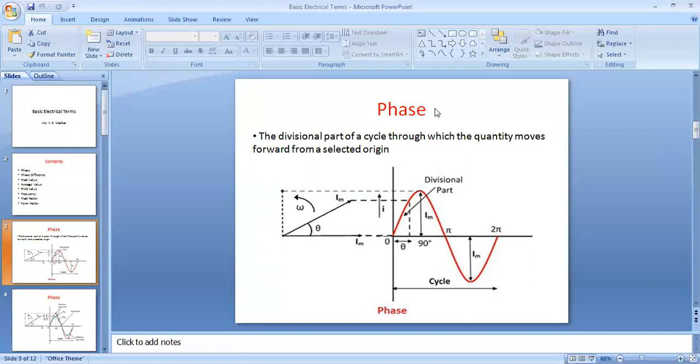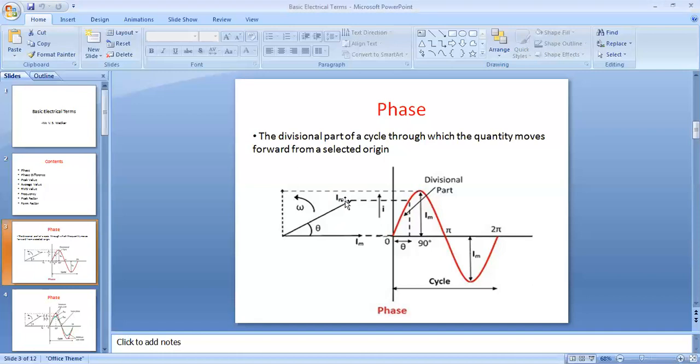So in this figure, we can see one alternating cycle shown by a red line here. It is called as one cycle, and here the current phasor that is shown by IM, it is shown as a vector.